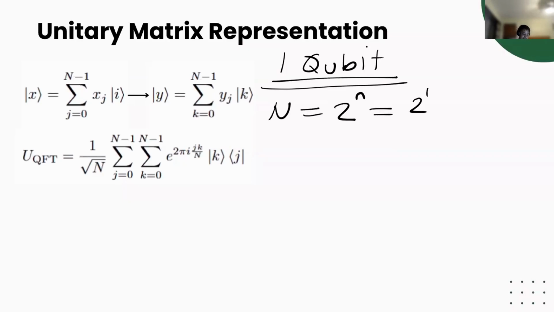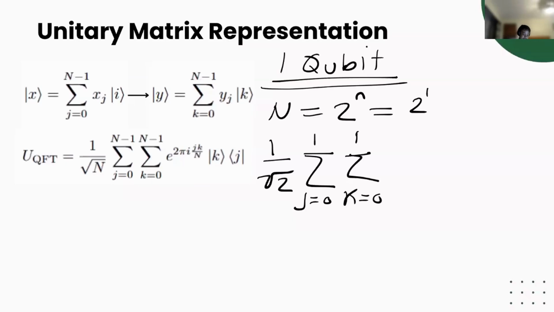And so now we can fill out the rest of this equation. So 1 over the square root of 2, with n minus 1, so 1, from j equals 0 to the sum of n minus 1 to k equals 0. And we can finish by saying e to the 2 pi I jk divided by 2.